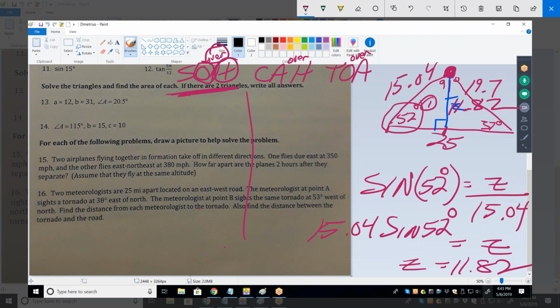East of north means that angle right there, 38 degrees east of north. But notice that if that's 38 degrees, this one has to be 52 degrees. So you have to take these 38 degrees east of north and 53 degrees west of north and put them together in a triangle, like I did.